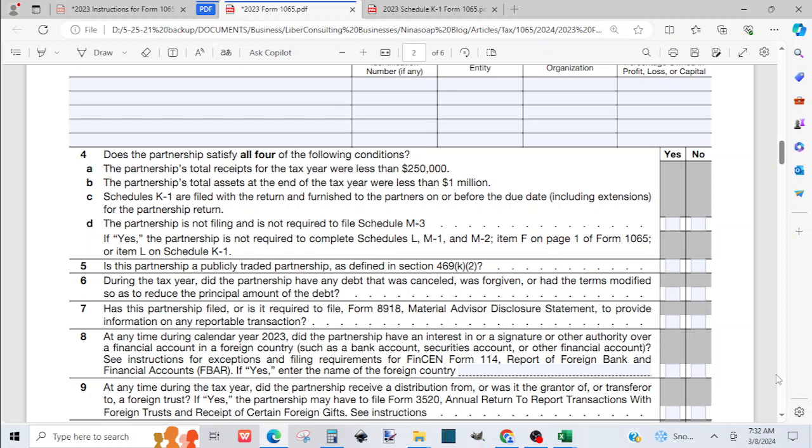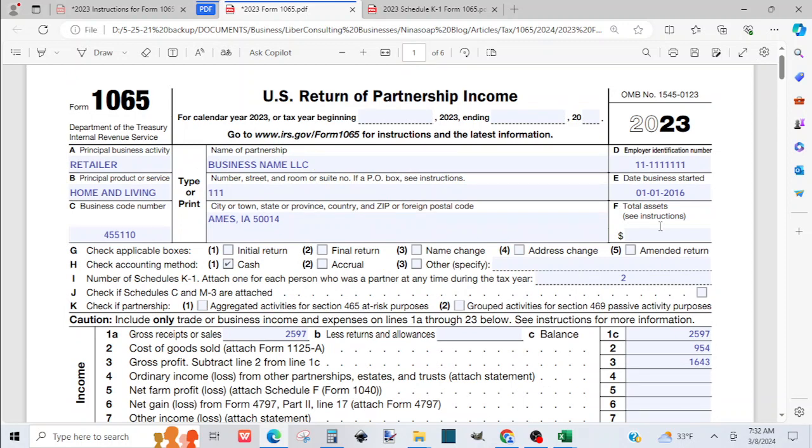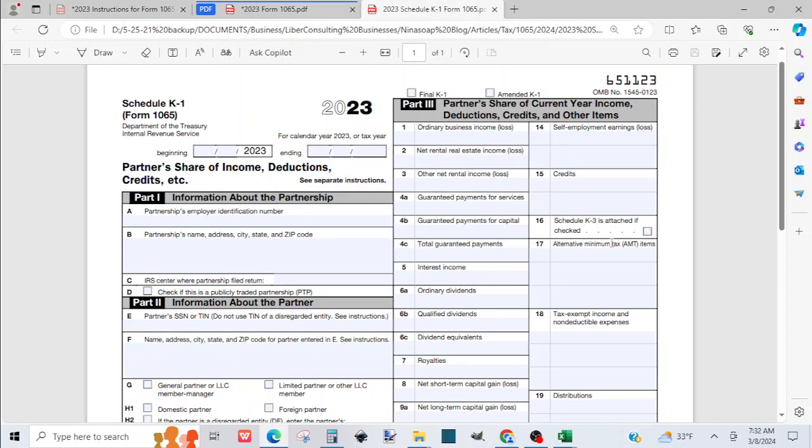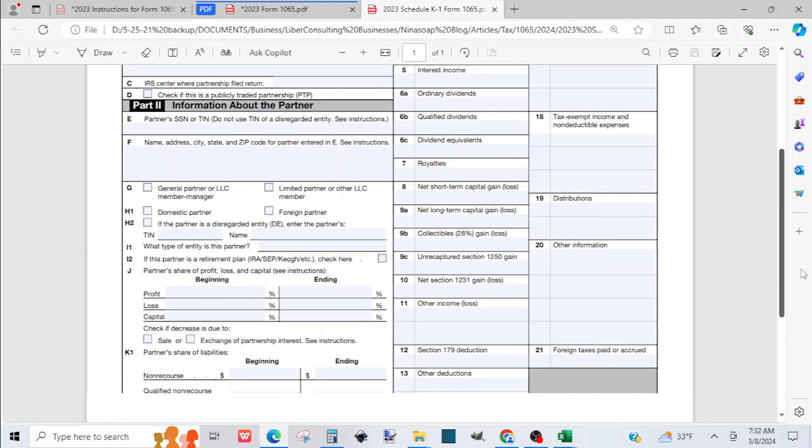Yes. If yes for all of those, then the partnership is not required to complete Schedules L, M-1, M-2, Item F, and Item L on Schedule K-1.